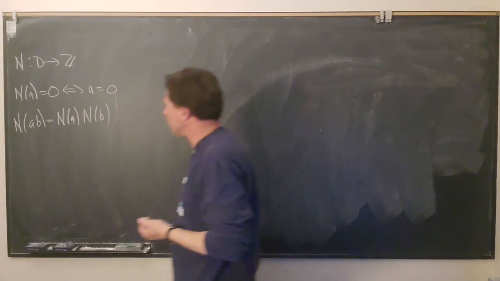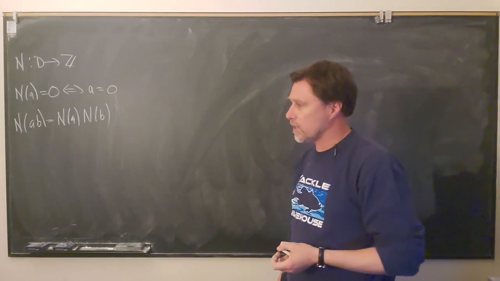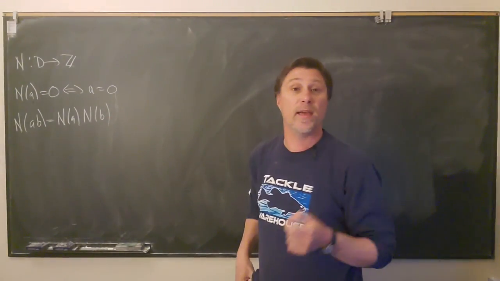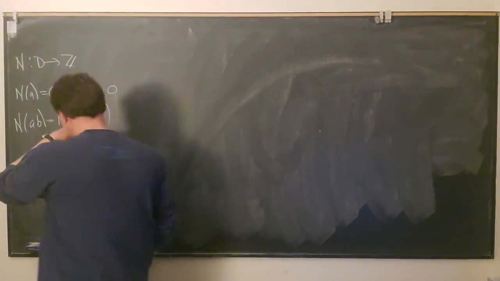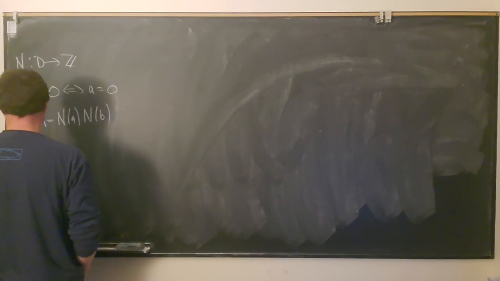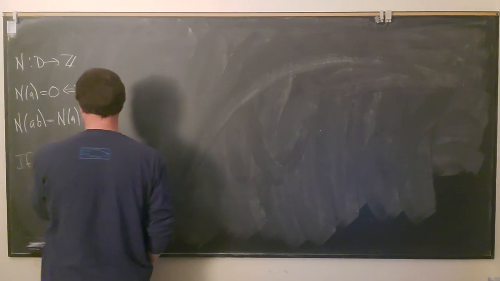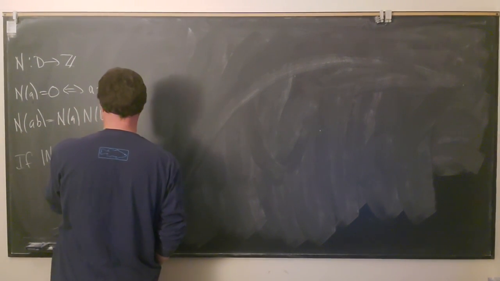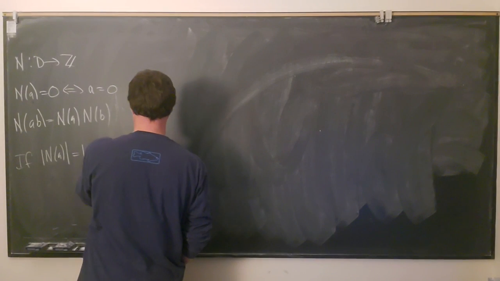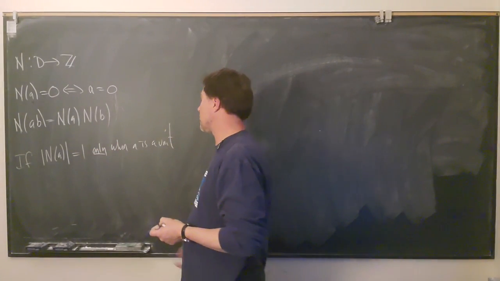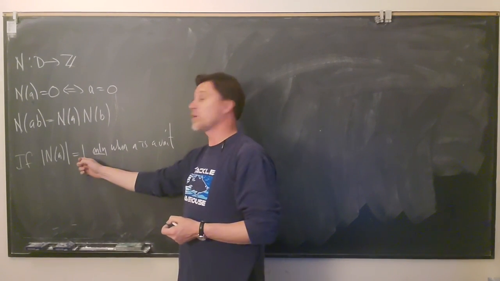And then we had a theorem that tells us that we can use norms to identify irreducible elements, and it goes like this. If the absolute value of the norm of a equals 1 only when a is a unit, right? The first part of that theorem tells us that units always go to plus or minus 1.